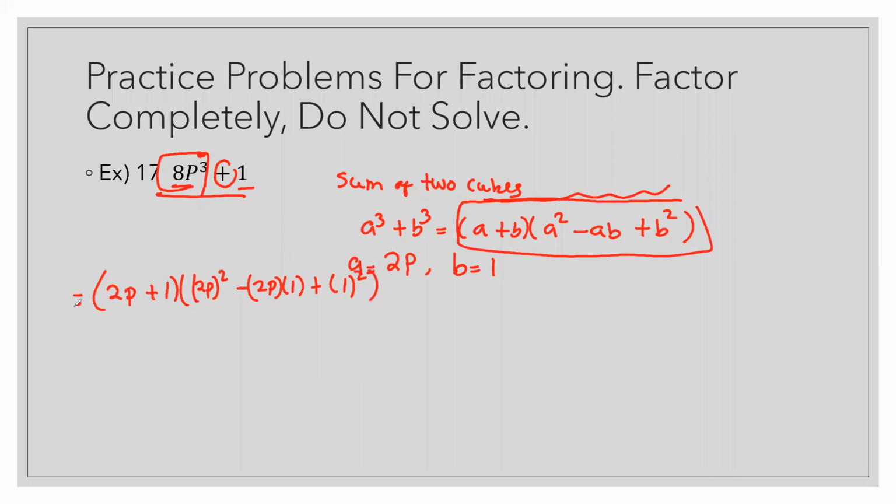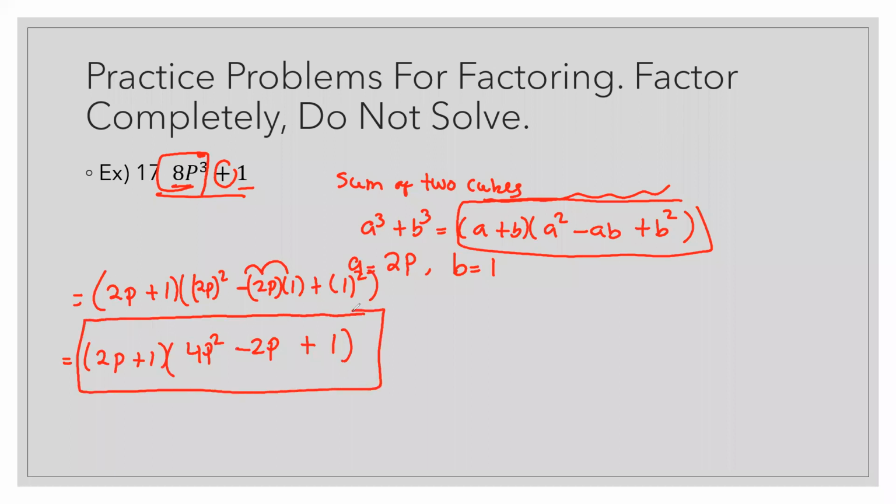Okay, and then just clean it up. 2p squared is 4p squared, minus 2p times 1, that's negative 2p, plus 1 squared, that's 1. And that's your final answer.